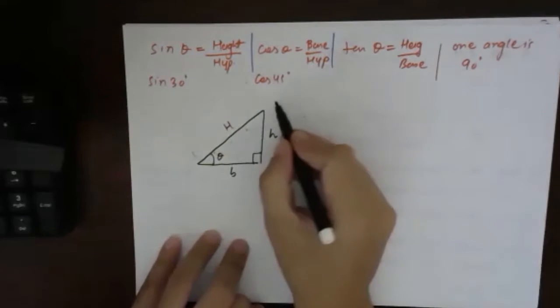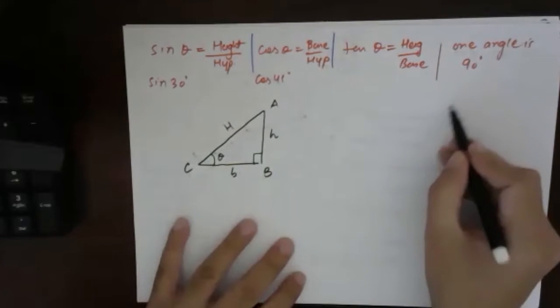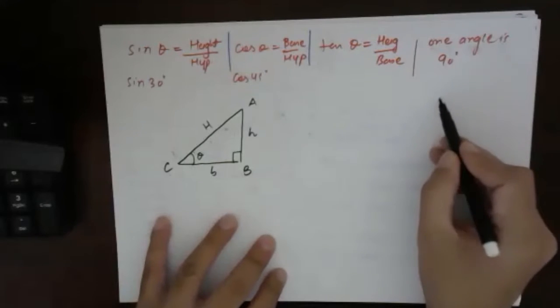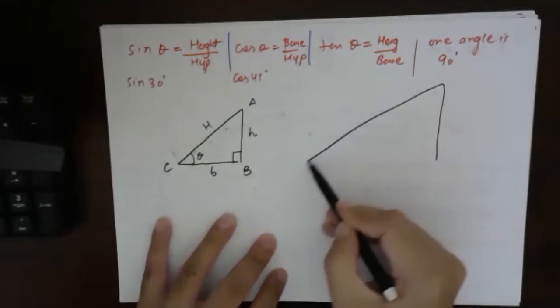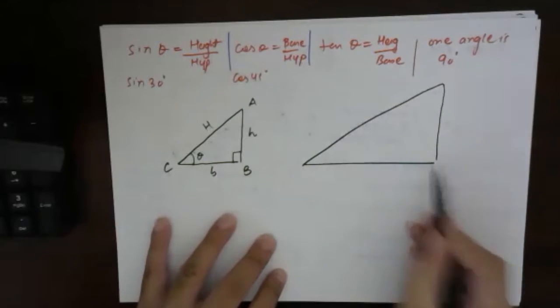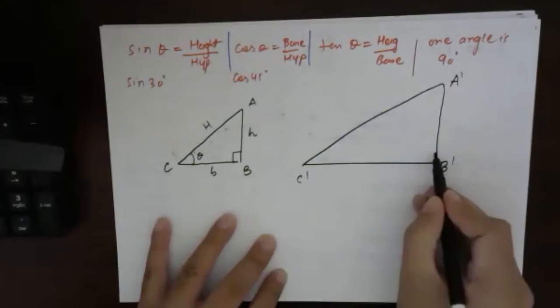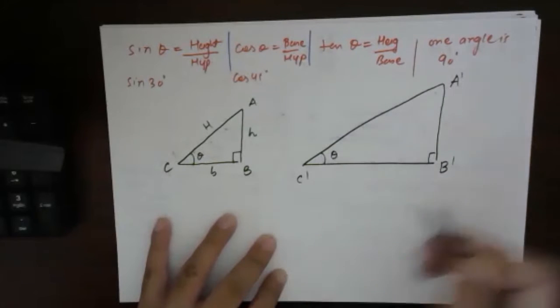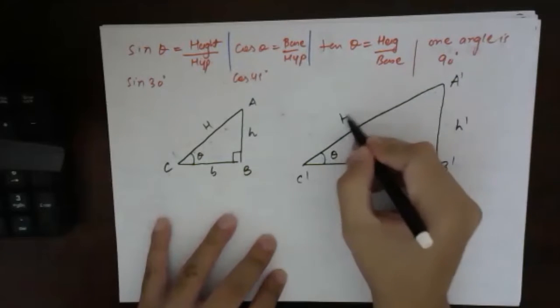So this is A, this is B, this is C, right? Now suppose you have another triangle: this is A dash, this is B dash, and this is C dash. This is 90 degrees and this is angle theta. So this becomes H dash, this becomes B dash, and this becomes capital H dash.